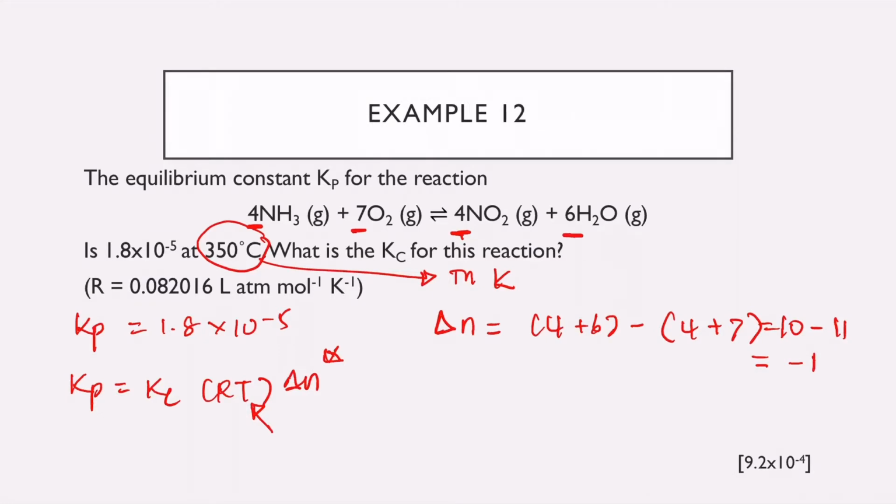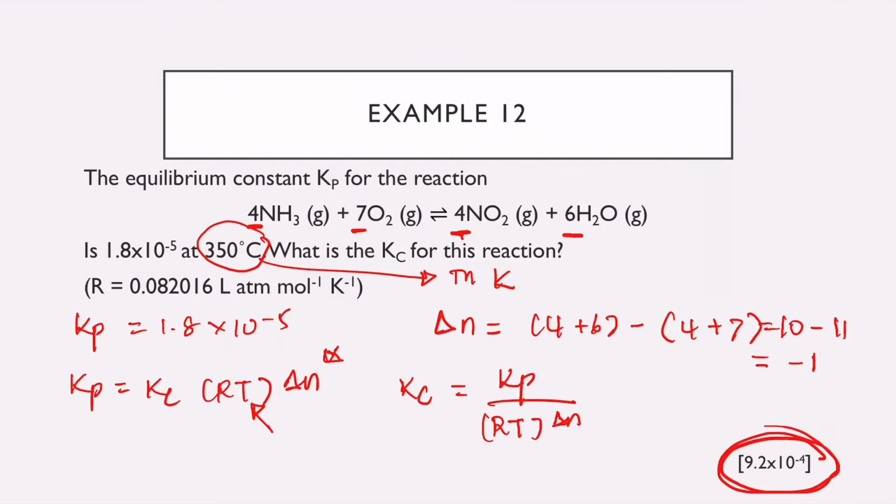So just put in your value and you will get the Kc, right? So you're going to rearrange that formula. Kc equals Kp over (RT)^Δn. Okay, so just sub in your values and you will get this answer.